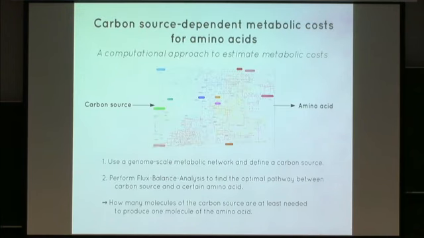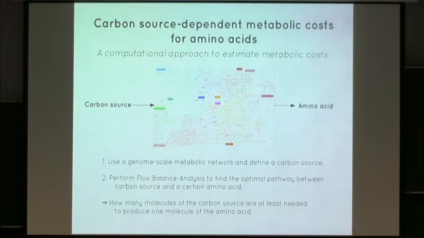To answer this question, we developed a computational approach, which consisted mainly of the metabolic network structure of E. coli. We used the genome scale metabolic network, and there you could decide what your carbon source is and what your objective of production is, for example, these amino acids in my case.